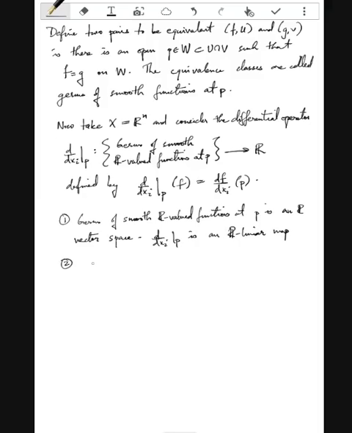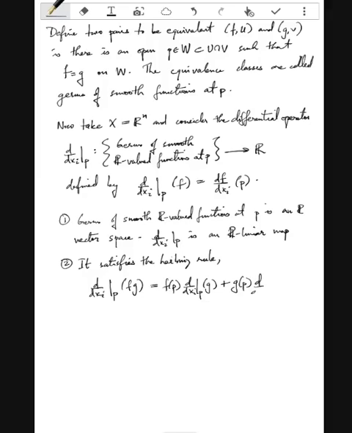And two, it satisfies the Leibniz rule. Namely, d by dxi at P of fg is equal to f of P into d by dxi at P of g plus g of P into d by dxi at P of f.